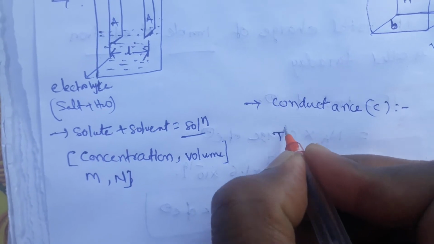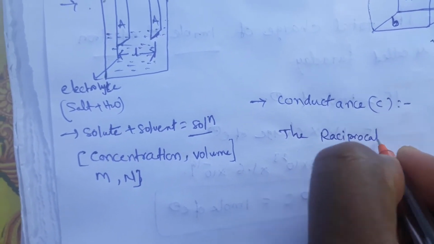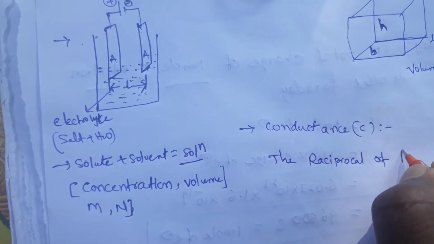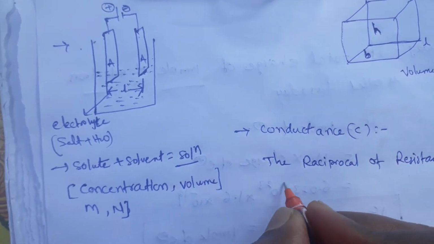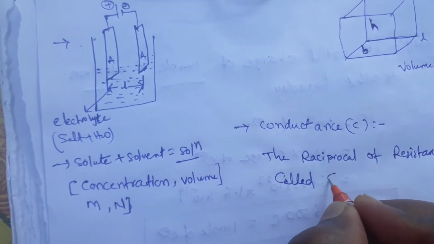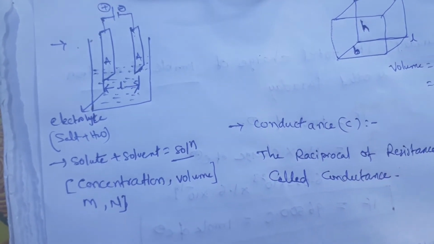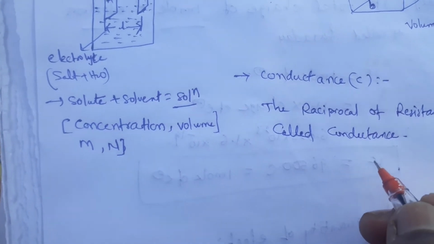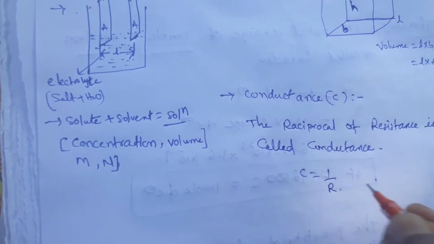The reciprocal of resistance is called conductance. So C is equal to 1 by R.